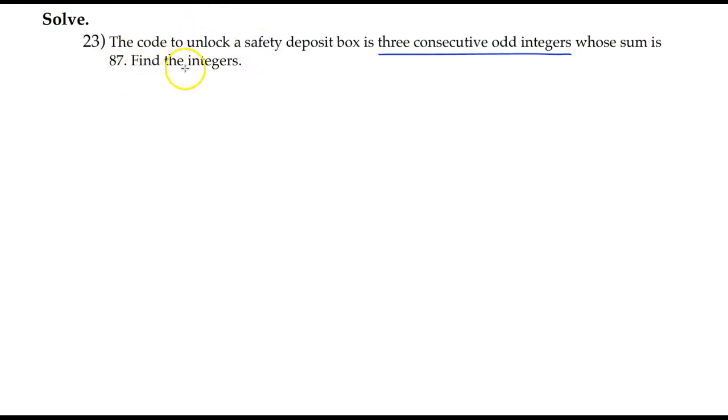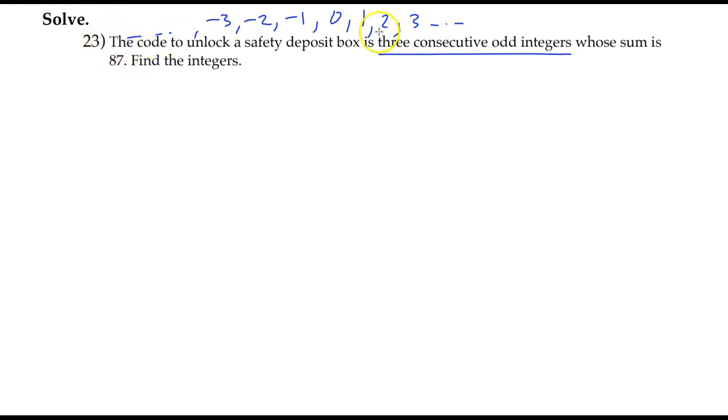First of all, we need to talk about what an integer is. Integers are numbers like -3, -2, -1, 0, 1, 2, 3, so on and so forth, in both directions. And we want 3 consecutive odd integers.